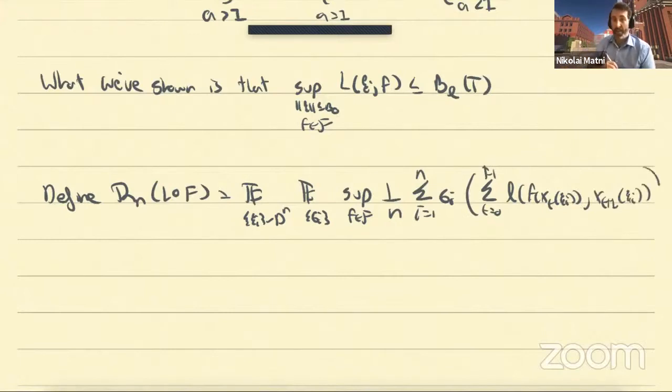If I define this, this is the suitable Rademacher complexity that's associated with our loss function.